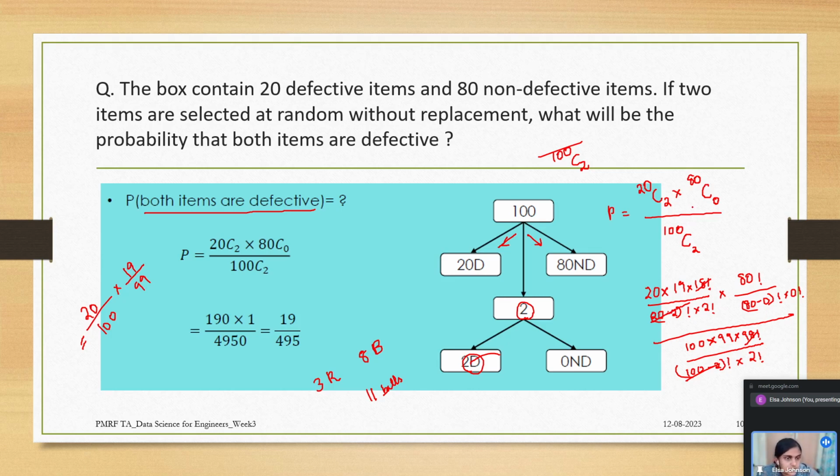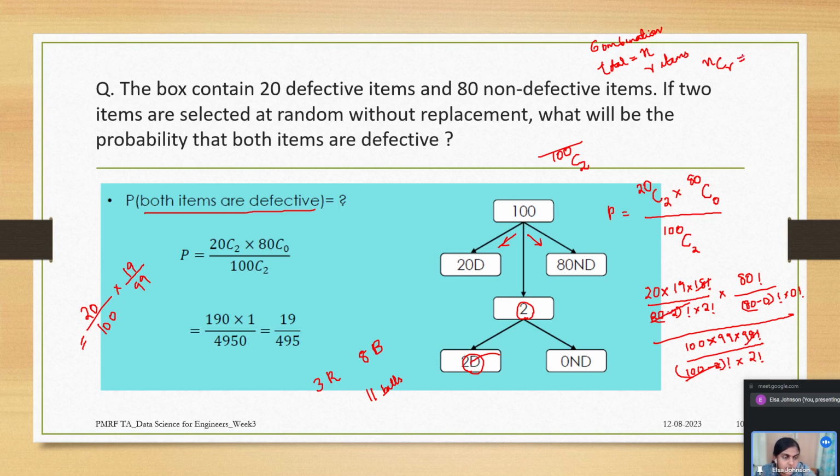20C2. 20C2 means, I'll write here, combinations. If you have a total number as n, and you have to take r items from that, it is given as NCR.